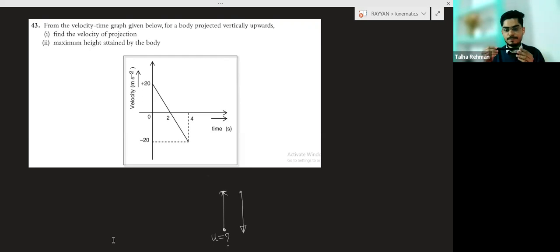Suppose I am projecting this pen upward. So initially this pen has more velocity, and finally the velocity of this pen becomes 0. After a certain period of time, the velocity of the pen becomes 0.